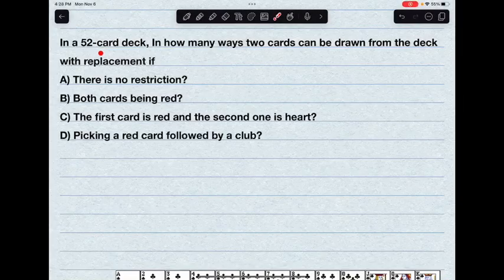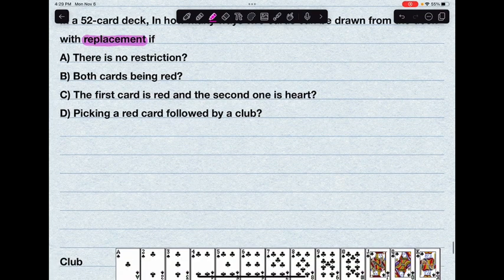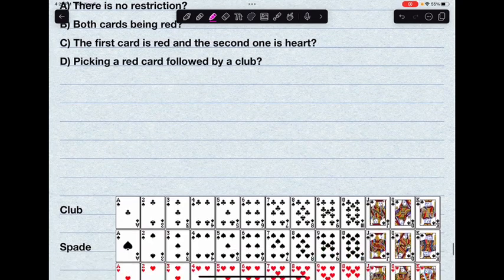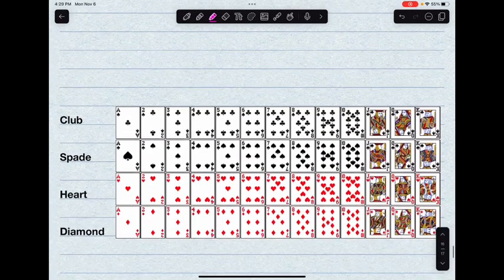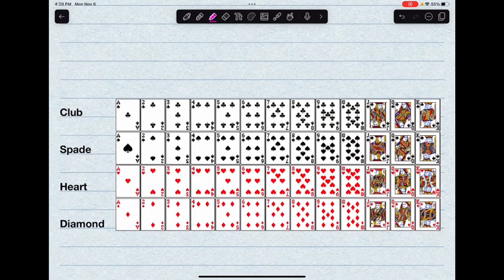In a 52 card deck, in how many ways can 2 cards be drawn from the deck with replacement if? Okay, so first of all, we have replacement here. So it's with replacement. Okay. So let's see what a 52 card deck is. So here we have 52 cards. You can see there are 4 groups of cards: club, spade, heart, and diamond.